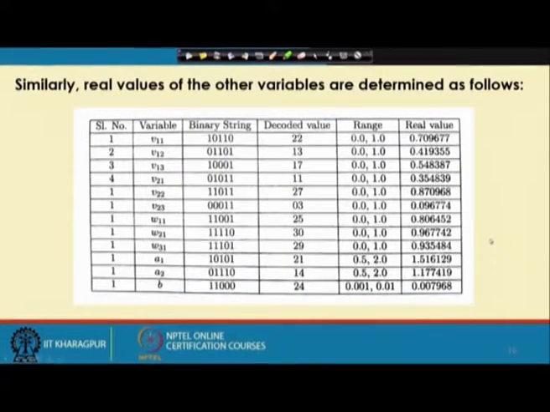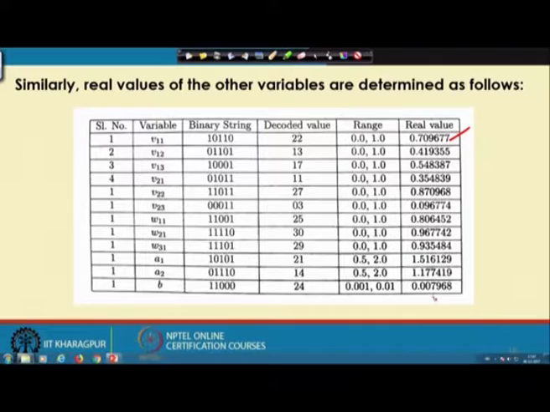If we see this particular table, corresponding to serial number 1, that is V11, this is the binary string, the decoded value, the range, and this is the real value. Similarly, we can find out for V12, V13 and so on, for all such design variables. I can find out the binary string, the decoded value, their respective ranges and their real values.